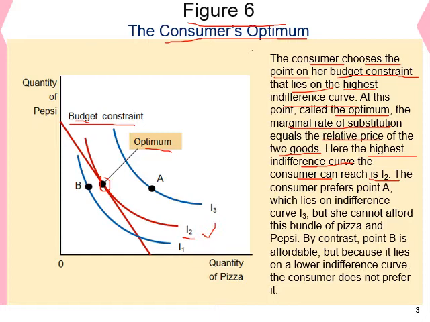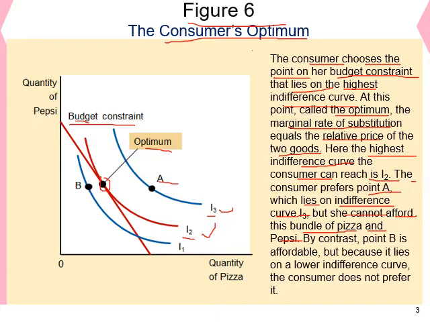The consumer, however, would prefer point A, which lies on indifference curve I3, but she cannot afford this bundle of pizza and Pepsi. You can see that the consumer prefers point A, which is on the higher indifference curve I3, but she cannot afford that point.